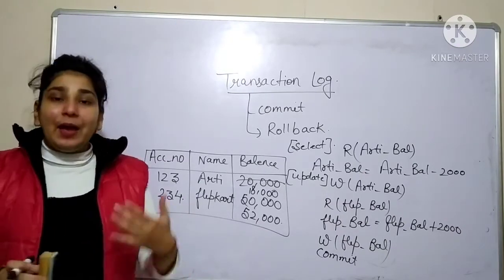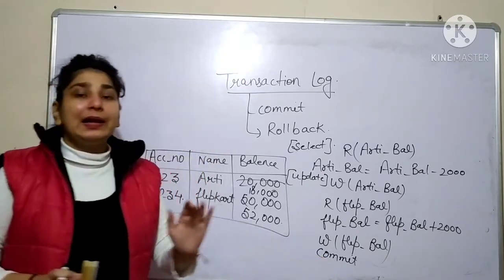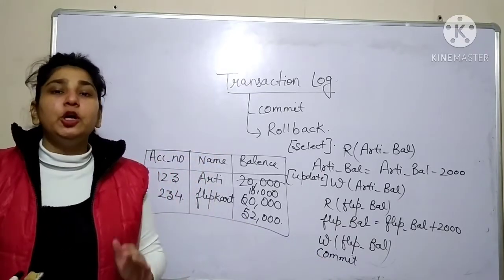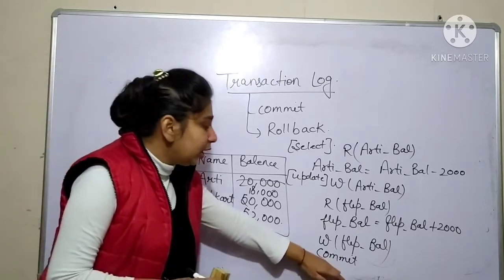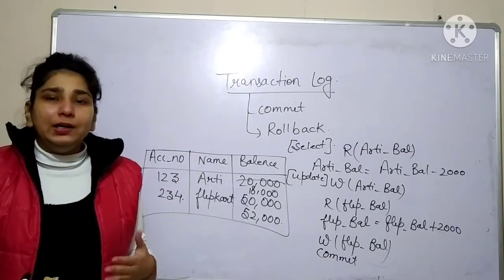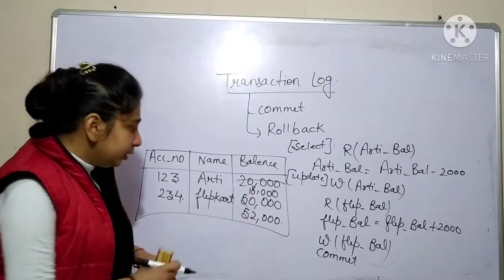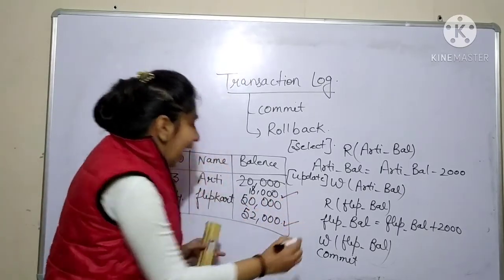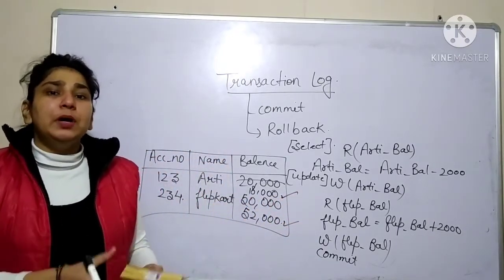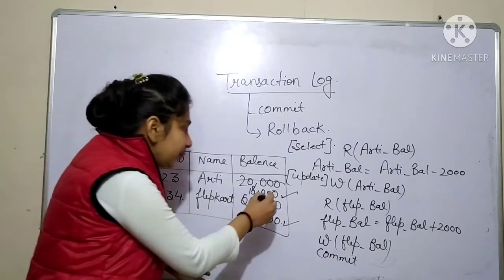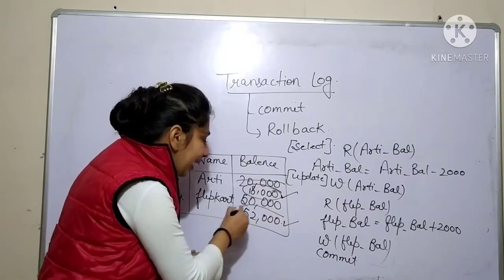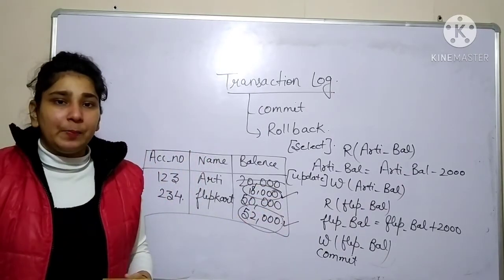But when we execute the commit operation, what does it mean? It means that these new updates are going to be saved permanently in the database. This is going to become your final value in the database.